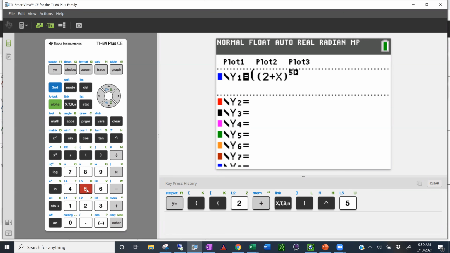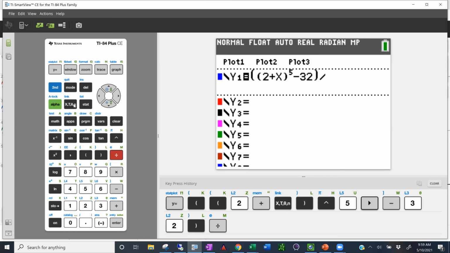Now, depending on your calculator, if you have one like mine, you're going to need to exit the exponent, so just hit the right arrow. If you've got an older calculator, you won't have to do that. It'll just be an up arrow and then a 5. Minus 32. Now that second right parenthesis closes off the numerator. And then we'll divide that by x.